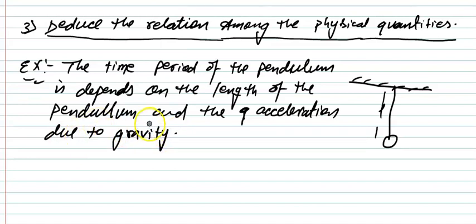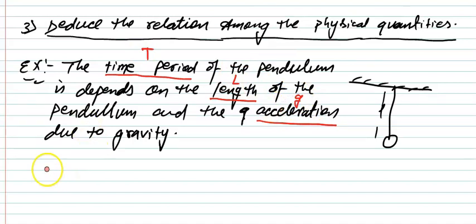So in this example we have to calculate the formula for the time period. We have noticed that the time period depends on the length of the pendulum and the acceleration due to gravity. So there are two physical quantities on which the time period depends. Time period is t, length of the pendulum is l, and the acceleration is g.